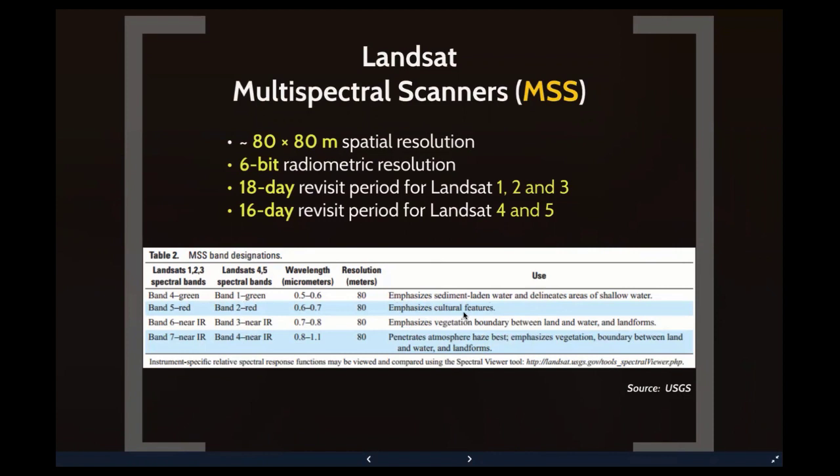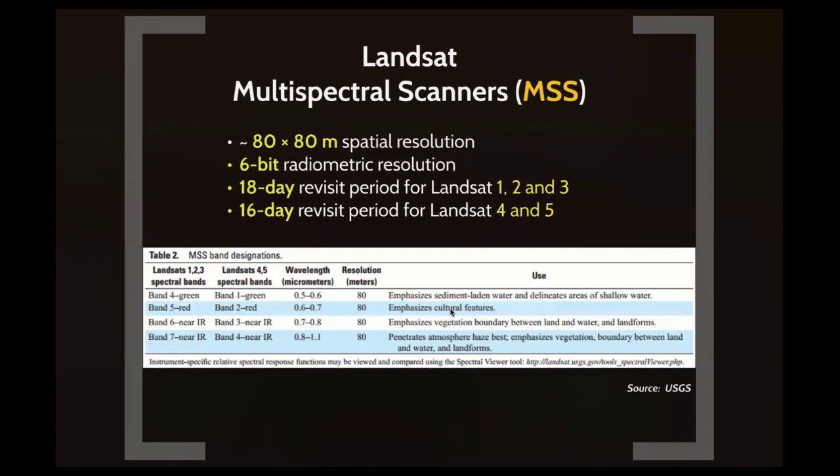They do talk about, for example, the application of a particular band. However, I do want to point out that when you are performing a general land cover analysis, whether it's urban, agriculture, or forest, usually you would combine all the different bands.